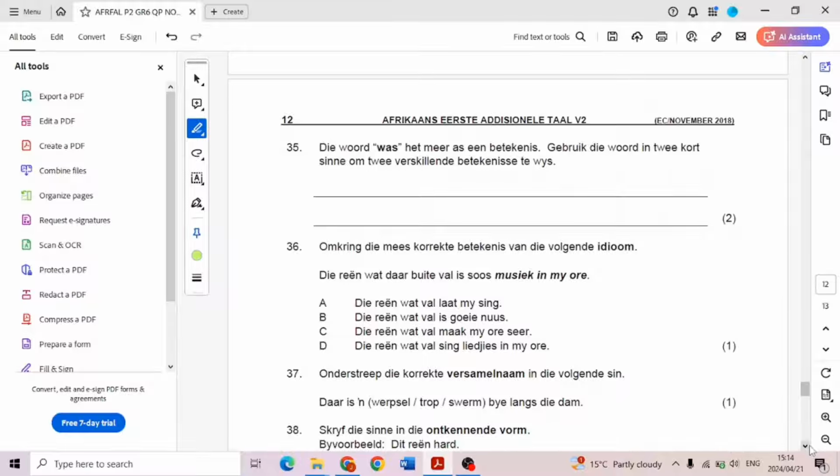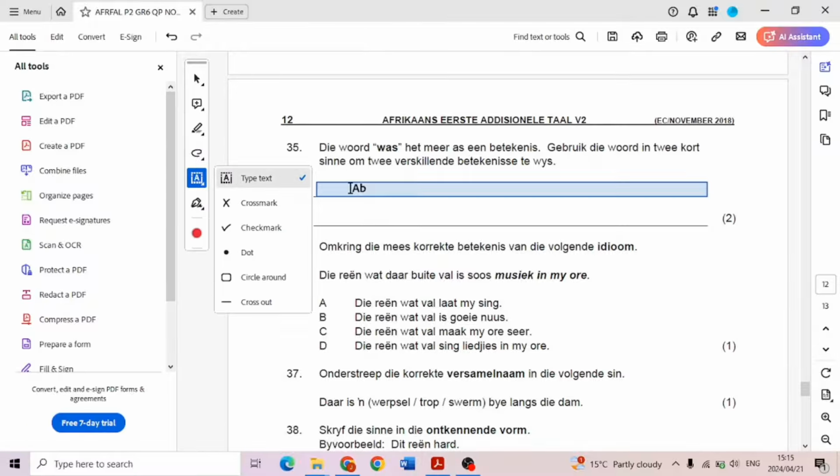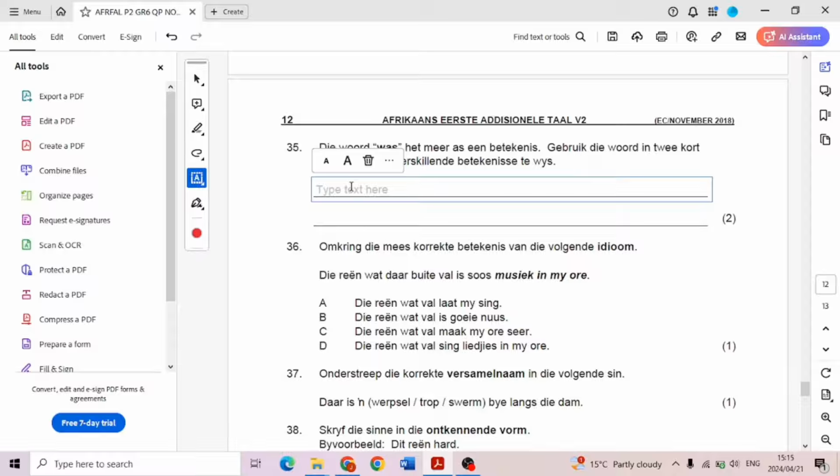Number 35, die woord was het baie meer as een betekenis. That means this is homonym. Gebruik die woord in 2 kort sinne om 2 verskillende betekenisse te wys. So you need to use the word in 2 short sentences to show the different meanings. So the first one we can use as was: Gister was Saterdag.